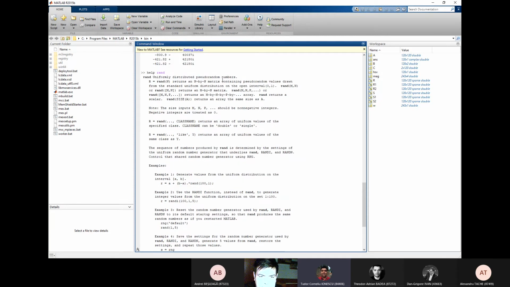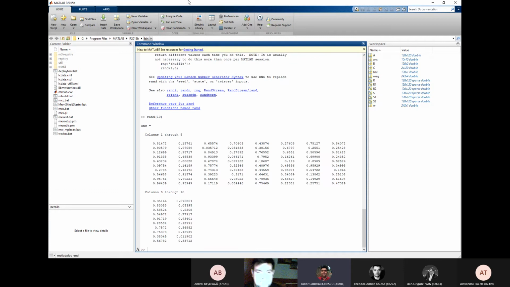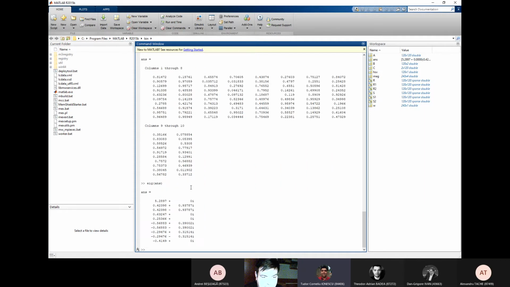So rand n is an n by n matrix with pseudo random values drawn from the standard uniform distribution. So rand 10 is a 10 by 10 matrix. The eig of ans is easy to compute. You can see here the eigenvalues of this matrix.